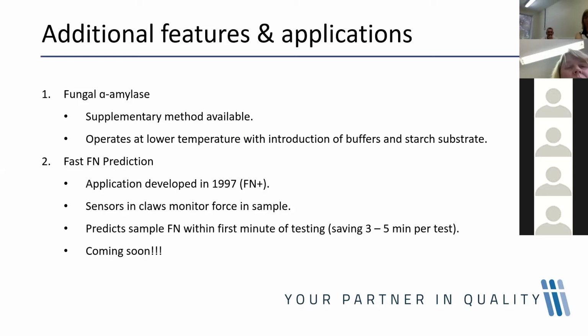That works by monitoring the amount of force that is generated in the sample during that first 60 seconds. Within that first 60 seconds, you're able to predict the sample falling number, saving you potentially 3 to 5 minutes of test time. So you can expect this particular application to be coming soon.